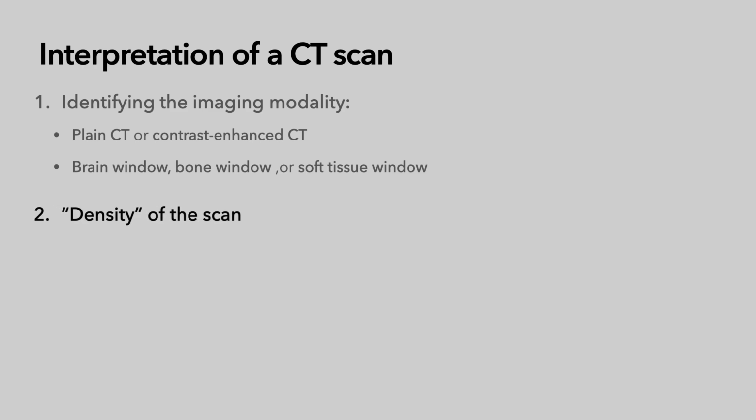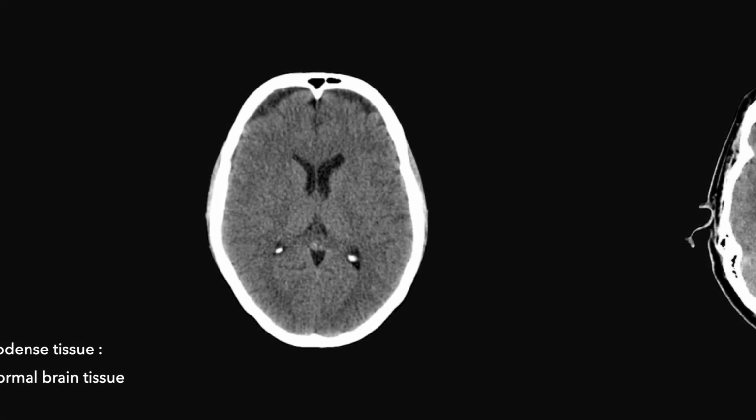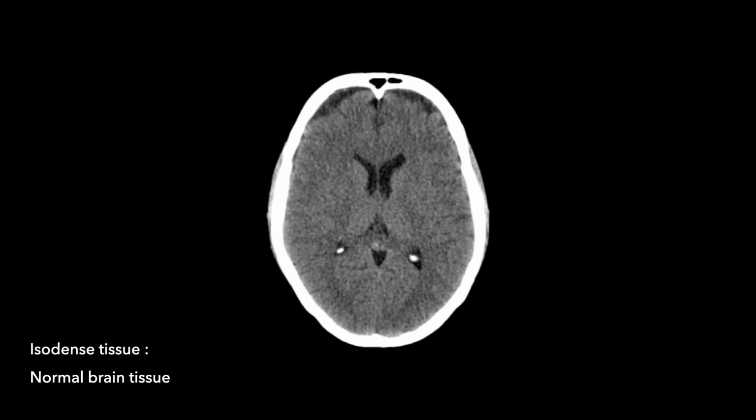Now, after we identify the imaging modality, we have to discuss the density of the scan. Density is a way to say basically the brightness of the image. Okay, so this is isodense tissue. The density can either be isodense, which is the same density or the same color, let's say, as the brain, or it can be hypodense or hyperdense.